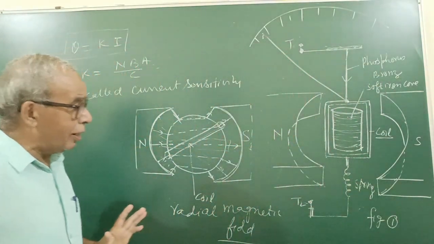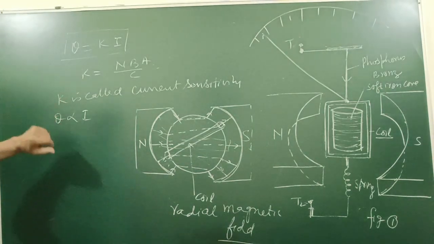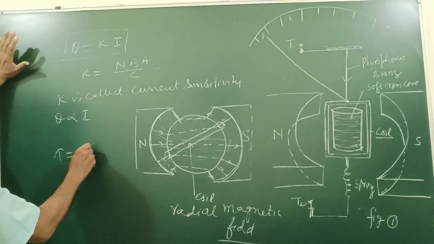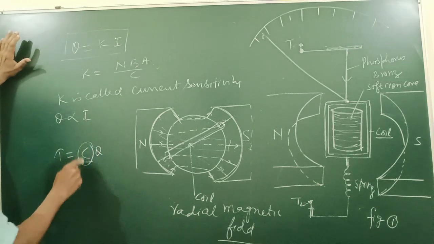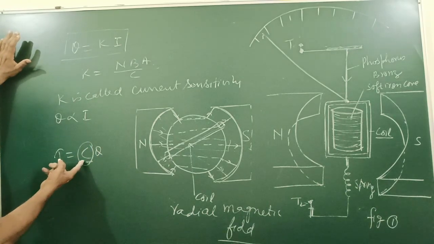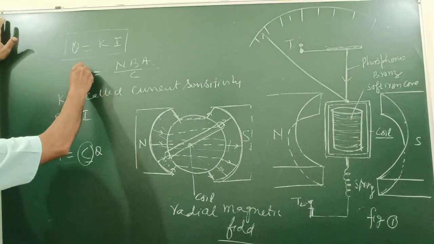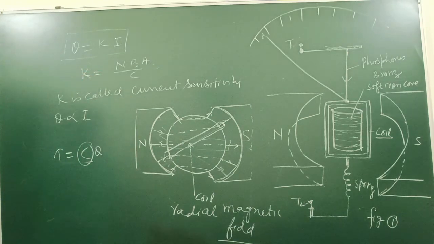The spring applies restoring torque, which is also called counter torque, given by tau equal to C theta. और C का हमने क्या नाम दिया? Restoring torque. In some books they write it K, torsional constant. I use K here to represent current sensitivity.